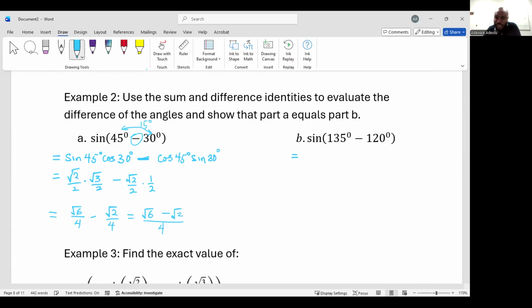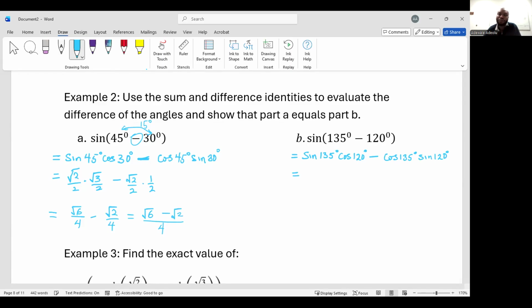So again, I will apply the formula. This is sine of my first angle multiplied by cosine of my second angle, minus, because it is sine, so it preserves that, cosine of my first angle multiplied by sine of my second angle.